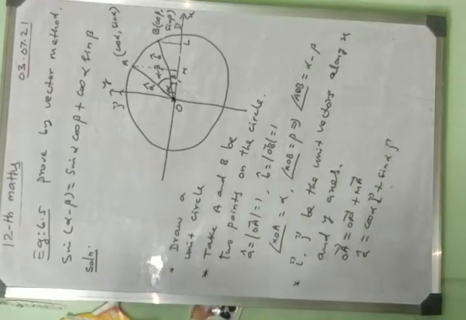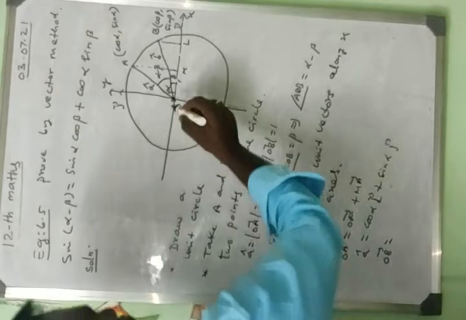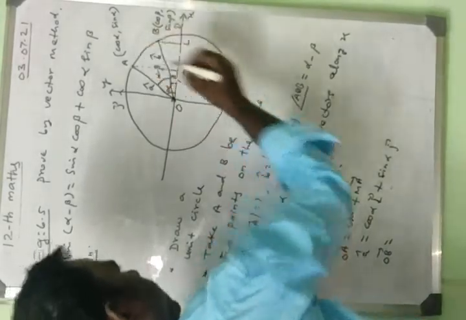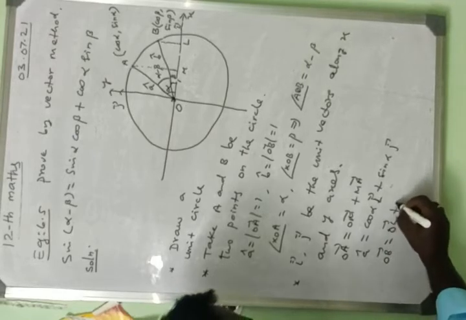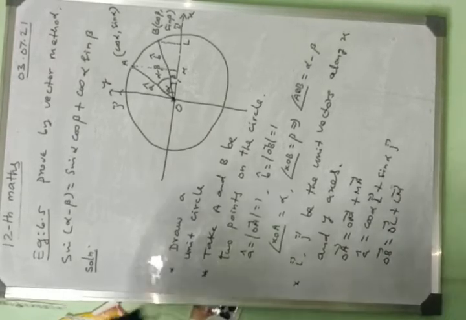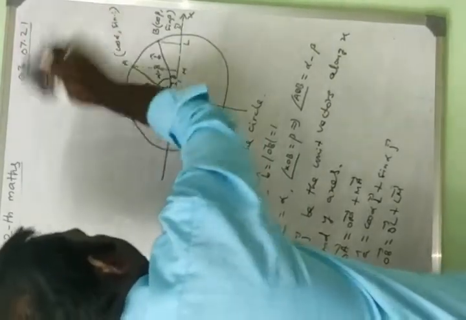Okay. Next we want vector OB. Vector OB equal to OL plus LB. Right. So OL plus vector LB, like this, right? Okay, listen here.